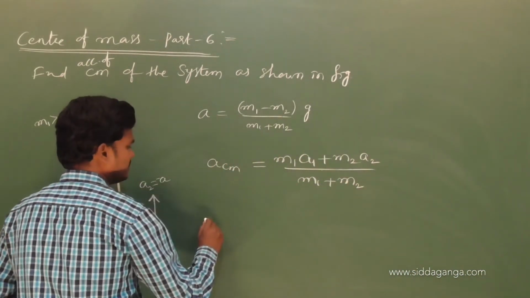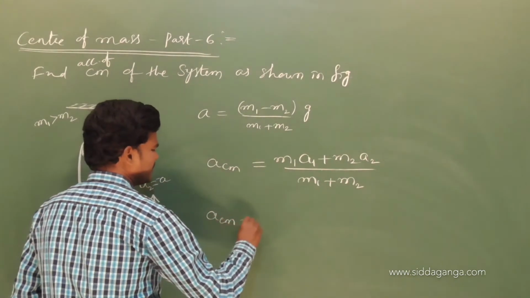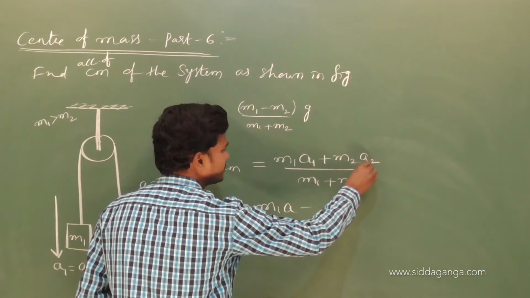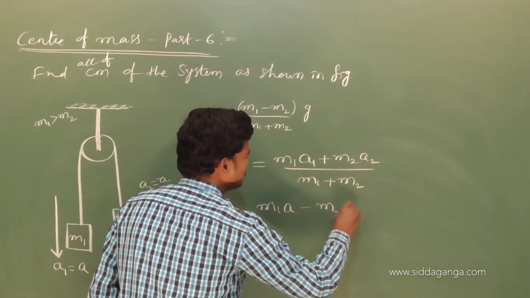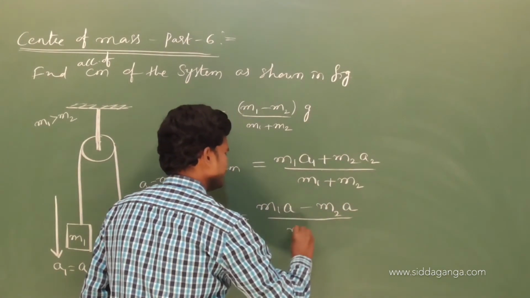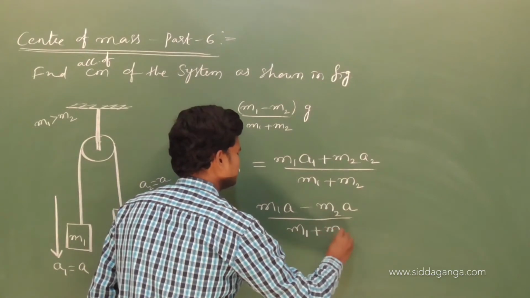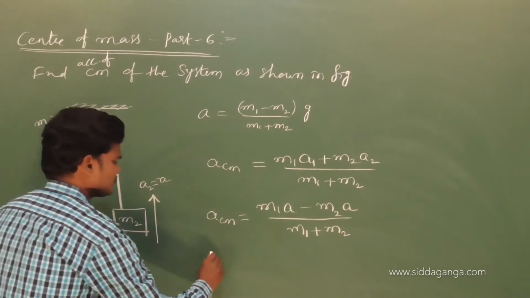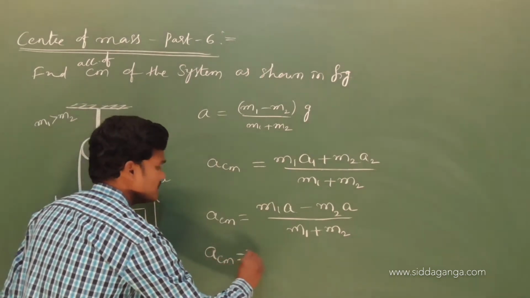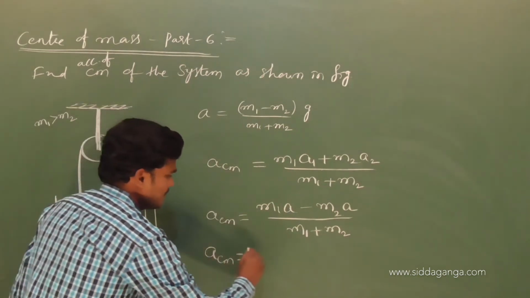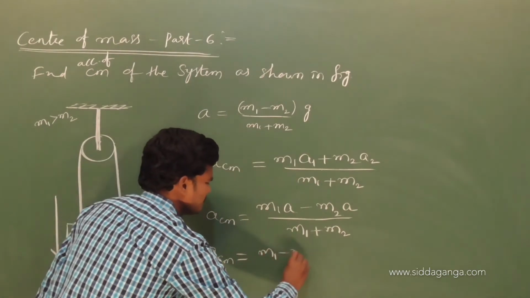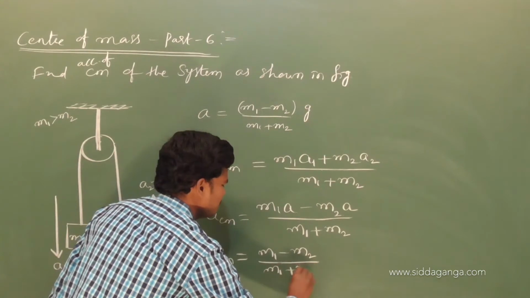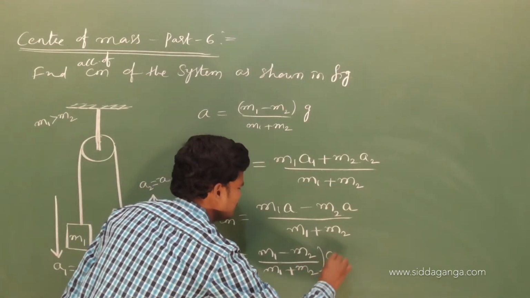So acceleration of center of mass we can write as m1 a and a2 I am taking minus a, so minus m2 a by m1 plus m2. Now we can take a common. Acceleration of center of mass is m1 minus m2 by m1 plus m2 into small a.